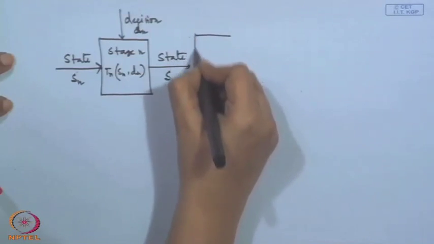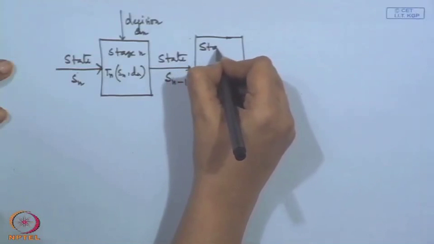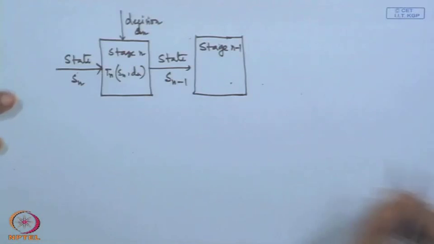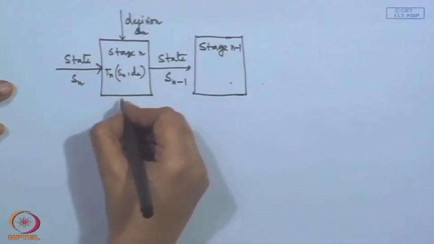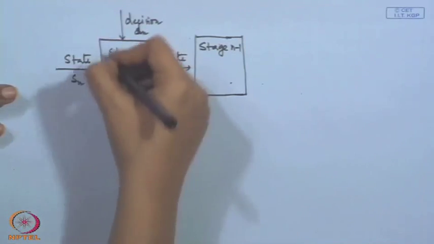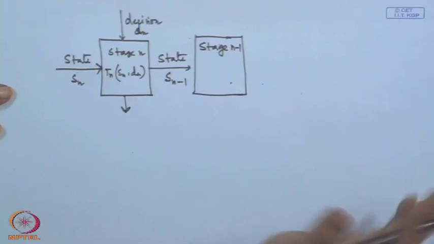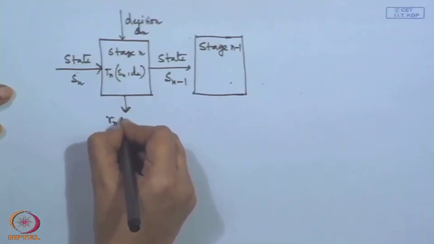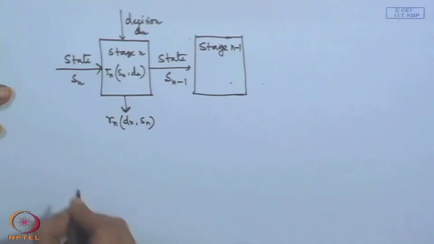That means, we will move to the next stage, stage n minus 1, all right. And for individual stages, as we have seen, we have considered the optimal return value. That is why we may consider the optimal return value as Rn. This is again a function of Dn and Sn, all right.